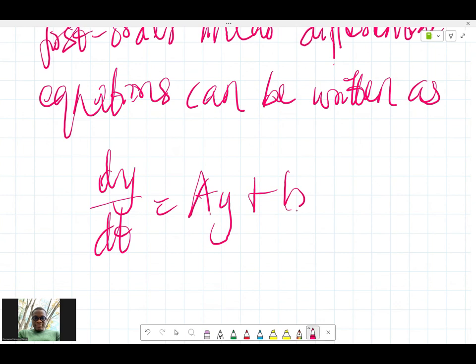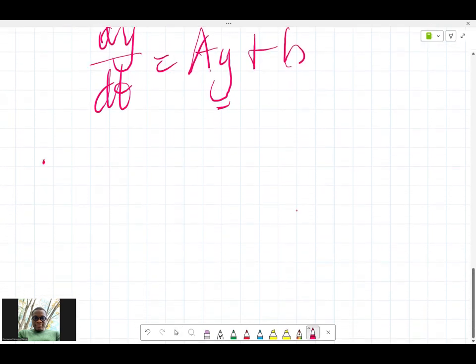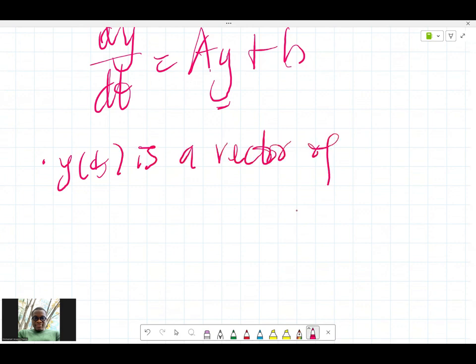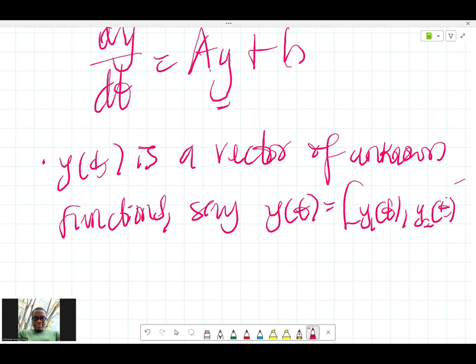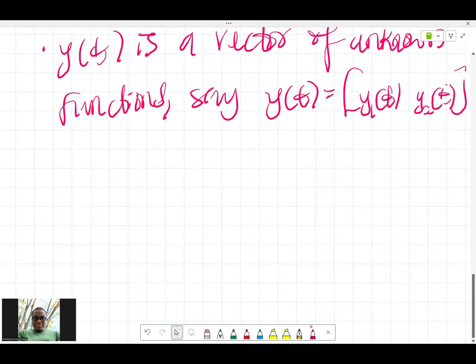At no point is y greater than power 1, and the derivative is also of degree 1. So here we are simply saying that y of t is a vector of unknown functions. So that's all the y's, like y1, y2, and all the rest. Say y of t can actually be y1 of t, y2 of t, and you can have up to n, like we said in the previous video.